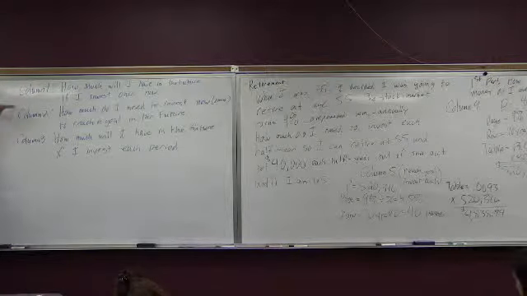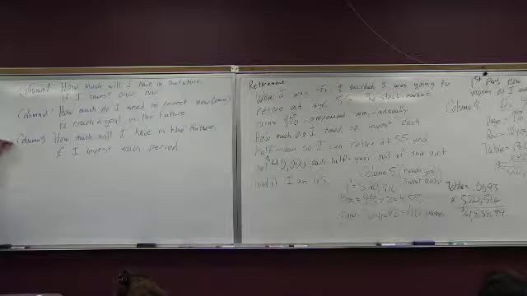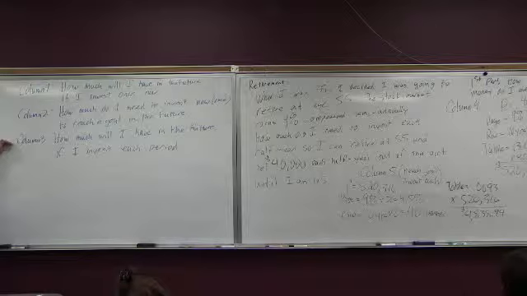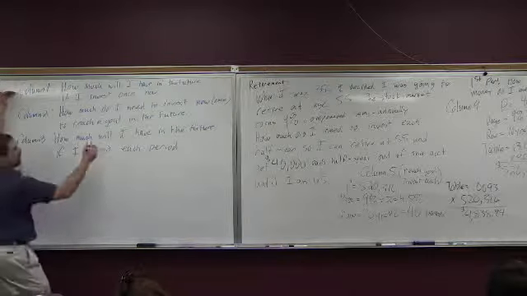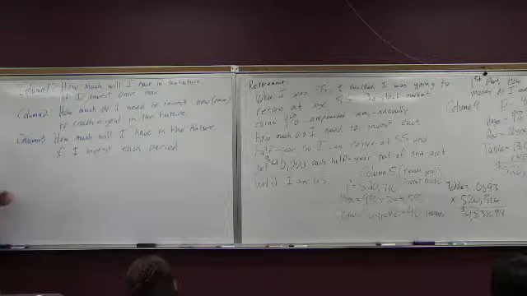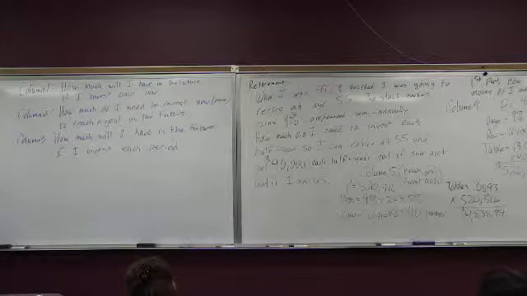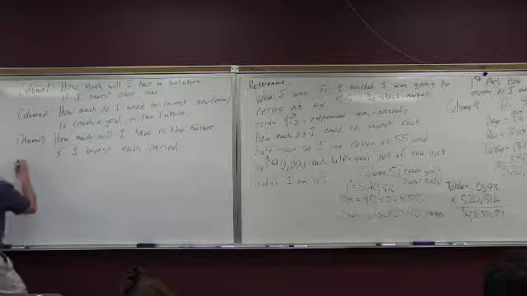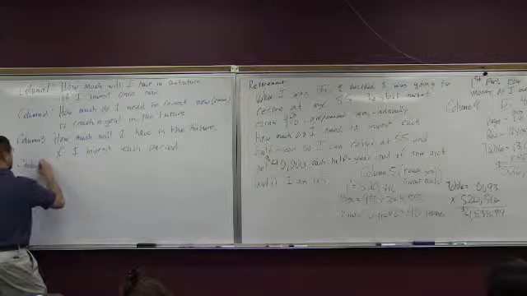Note the difference between column 1 and column 3. They're doing exactly the same thing, except in column 1, once. In column 3, each period. Annuity versus just good old standard compound interest.